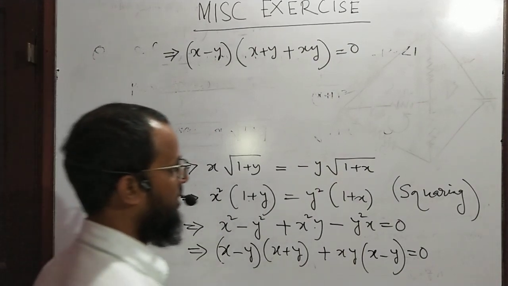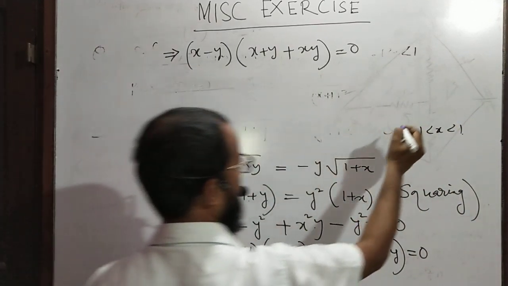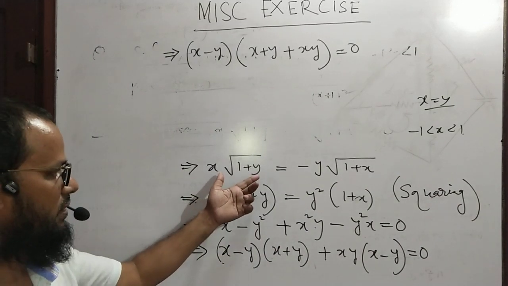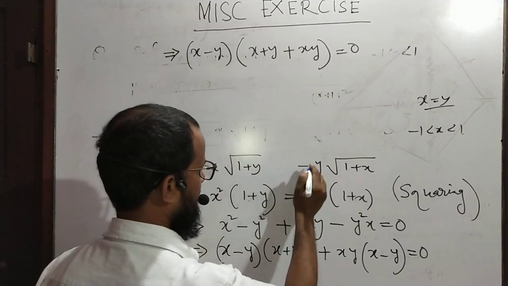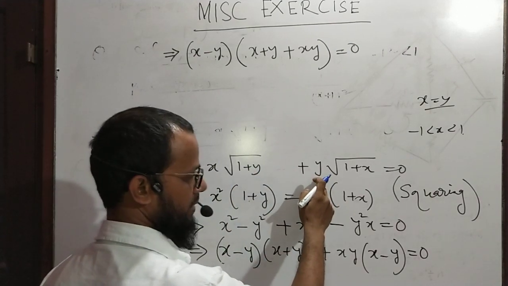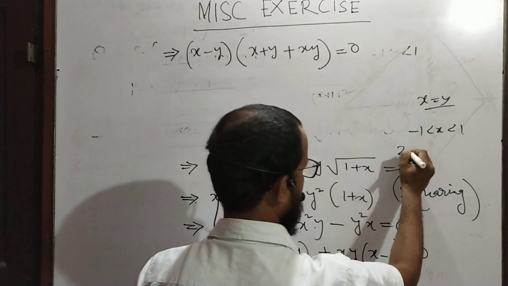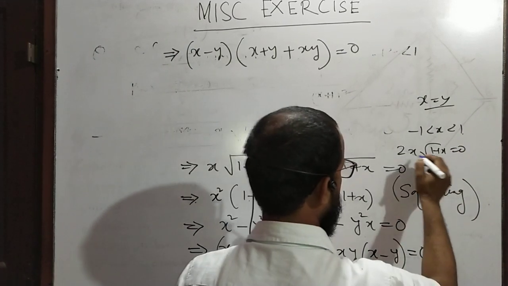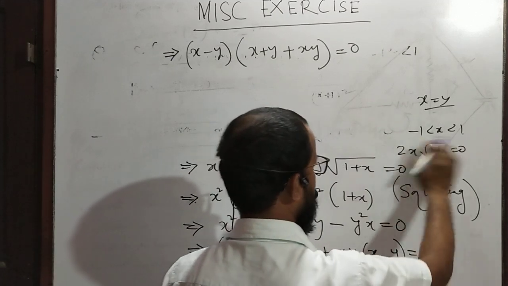Very interesting: minus 1 less than x less than 1, and if you take x equal to y, what will happen in the given condition? If you put y equal to x, it becomes 2 into x into root over 1 plus x equal to 0, and this is only satisfied when x is equal to 0, otherwise it cannot be satisfied.